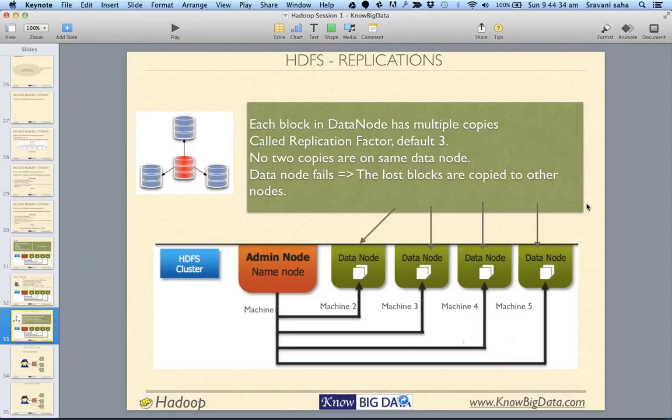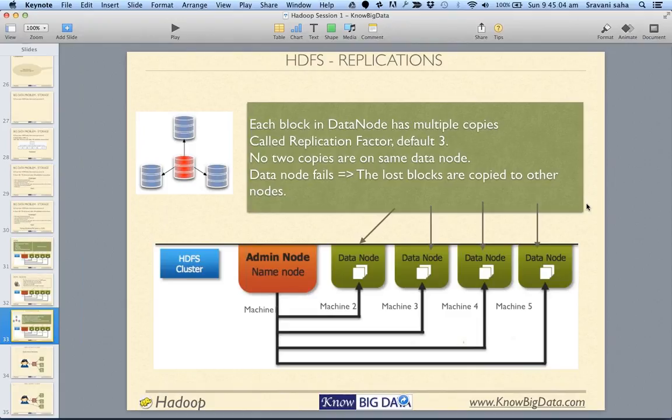Is this 128 MB hard coded? Will there be an overload of mapping these blocks? Good question, Poojan. So, no, 128 MB is not hard coded. When you are storing a file onto the HDFS, you can say that you want a block size of 1000 MB. It is absolutely up to you.